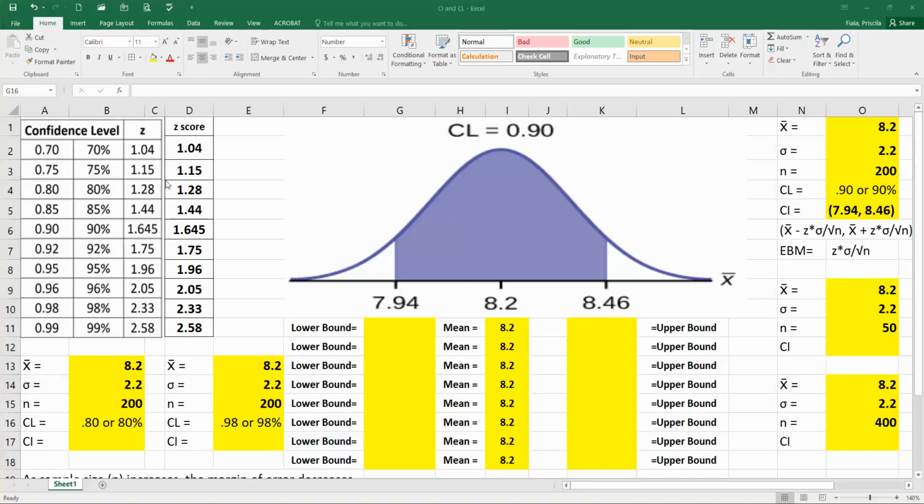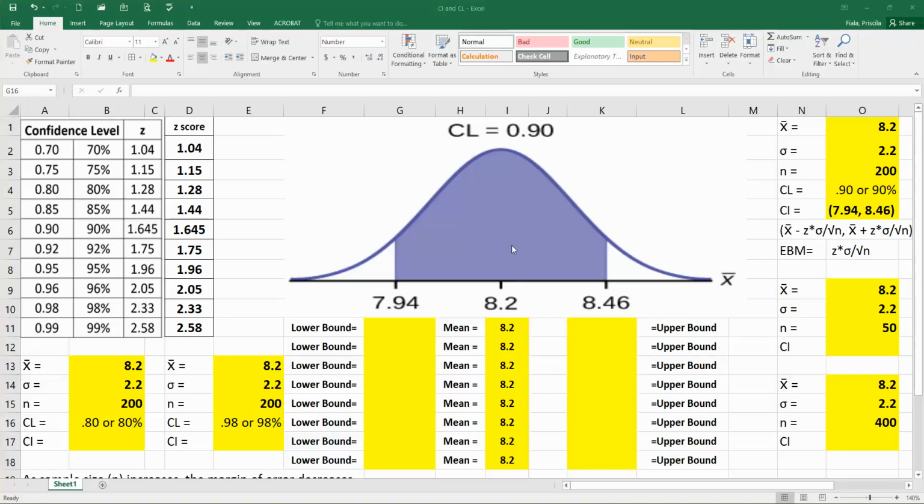In summary, I told you that this table shows you the most common values for confidence levels and already gives you the z-score to plug into your formulas to calculate your confidence intervals, so you don't have to go through all those calculations that I showed you yesterday.